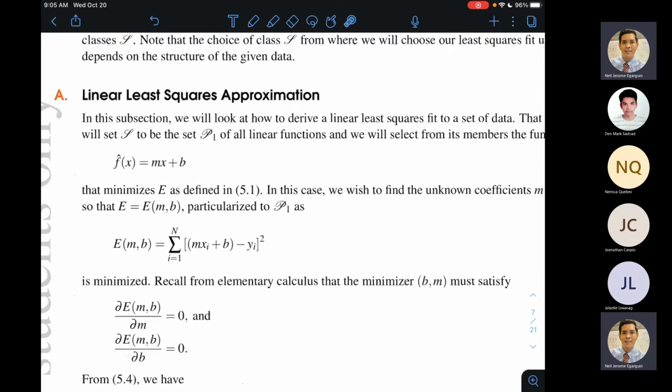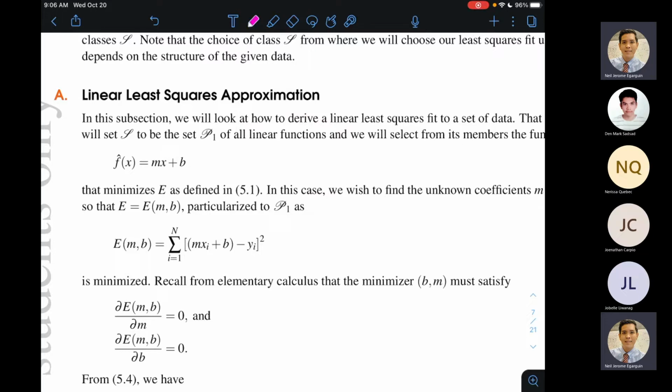So halimbawa, pinlot mo yung x sub i, y sub i sa isang scatter plot and you see na parang naglalay sila sa isang straight line or malapit yung trend sa pagiging isang straight line. So if that is the case, then you can set S to be the set of all linear functions. And what we will do is we will choose among these linear functions sino yung nakakapag-minimize ng least squares error.